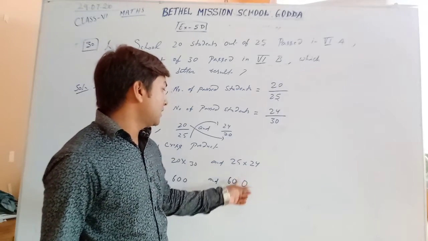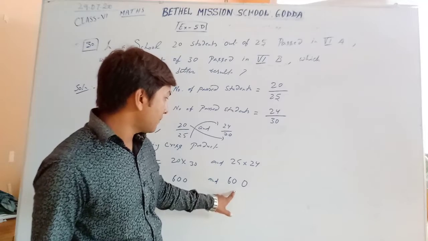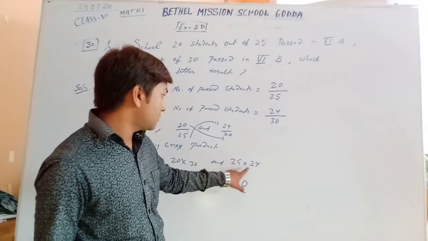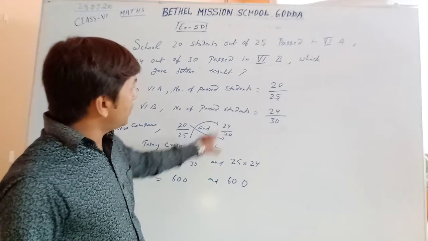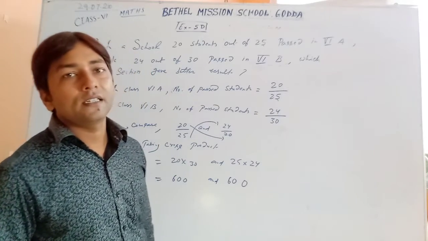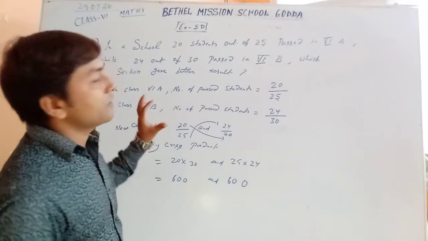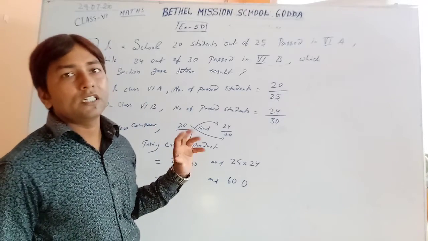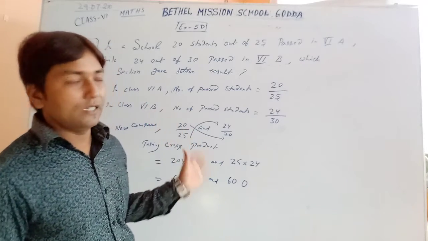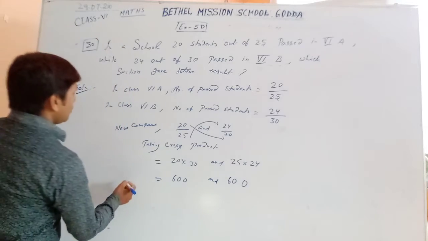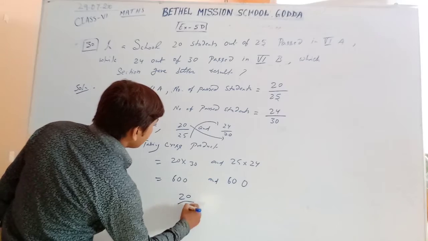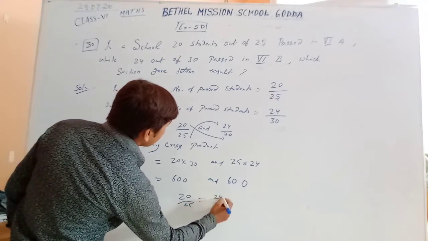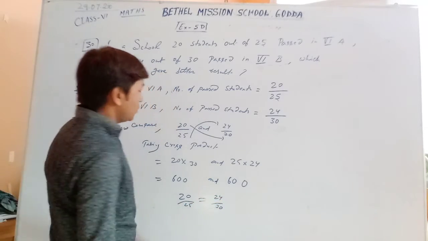We got 600 here, and also we got 600. So both sections got equal results, not anyone more or anyone less.